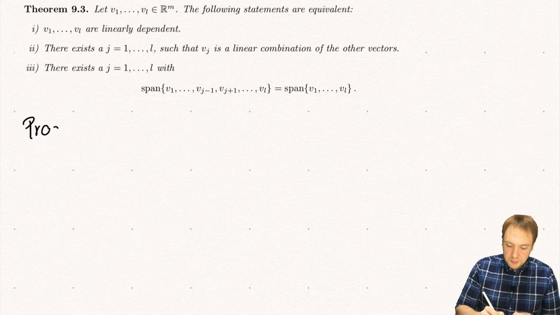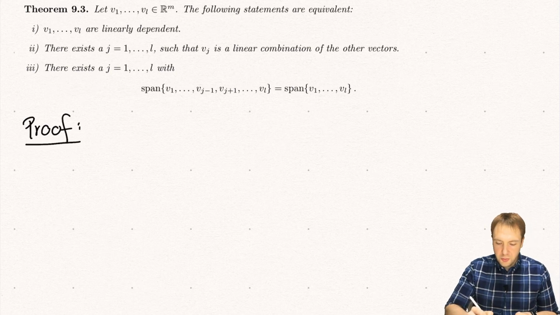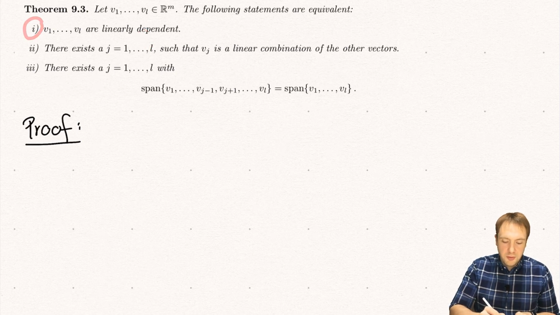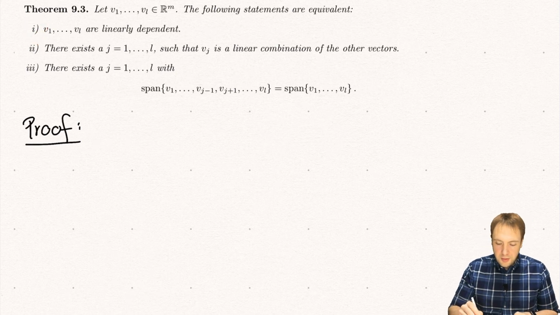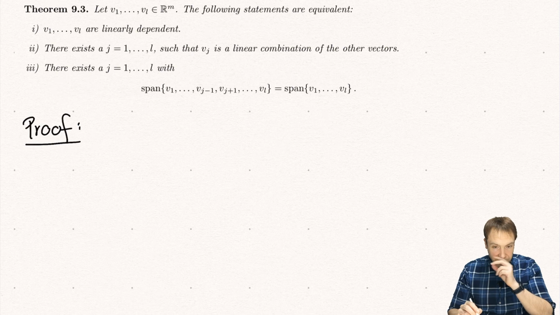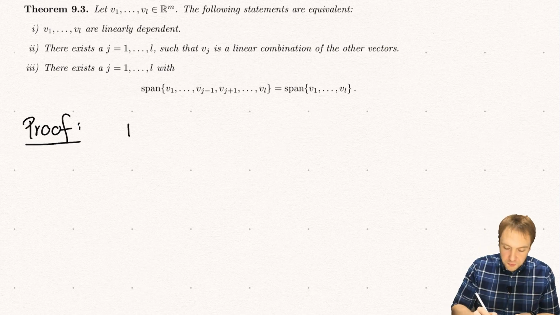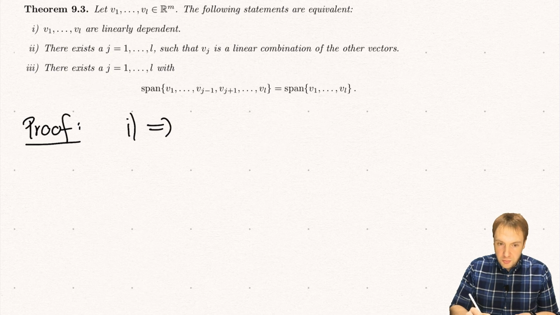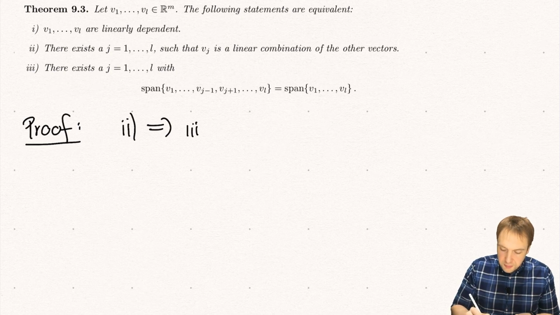So let's prove this. We need to show all directions, so we need to show that if we assume 1, then we can imply 2, and if we assume 2, we can imply 1. But some of them we already saw. So for example, the implication that 2 implies 3.